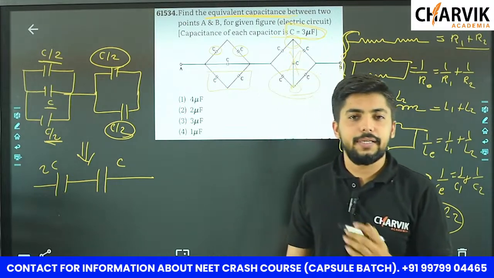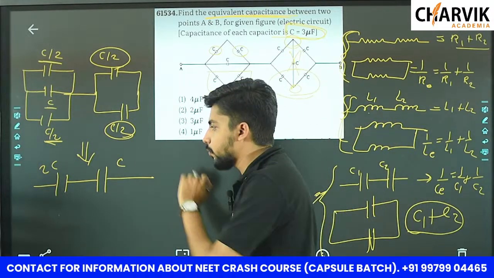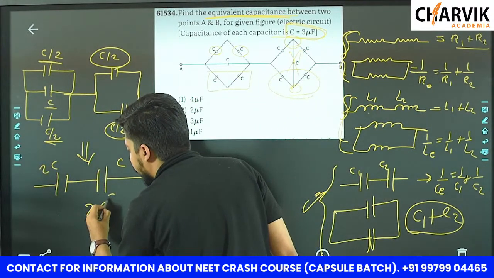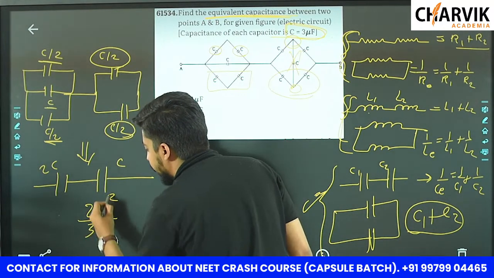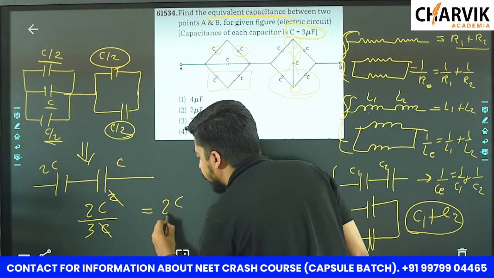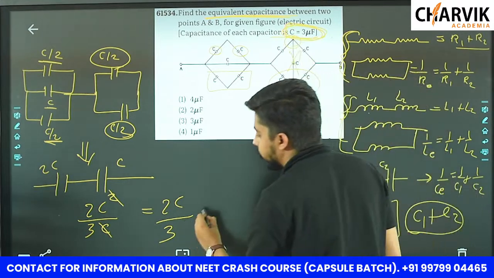Now they are again in series, so you need to calculate by 1 upon C1 plus 1 upon C2, or the multiplication of both in the numerator and addition of both in the denominator, which becomes 3C. C and C get cancelled out, so the equivalent capacitance becomes 2C divided by 3. What is the value of the capacitance given? It is 3 microfarad.